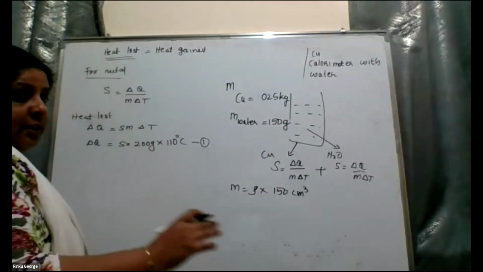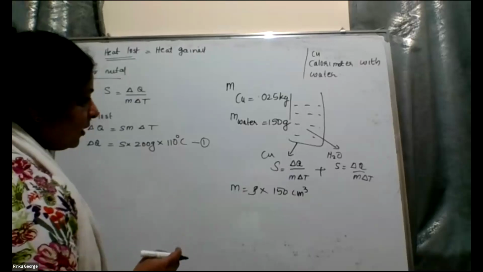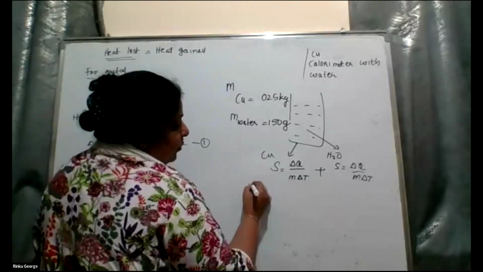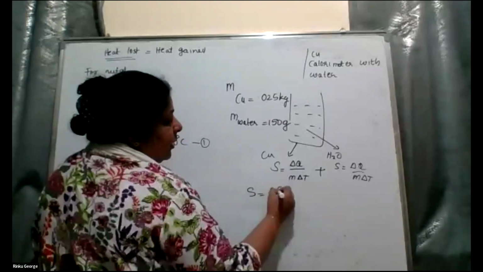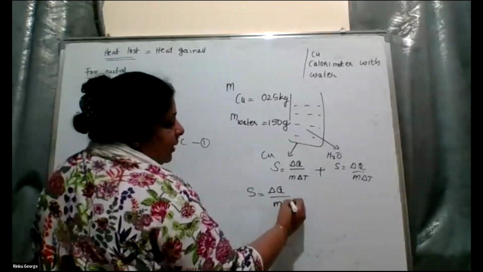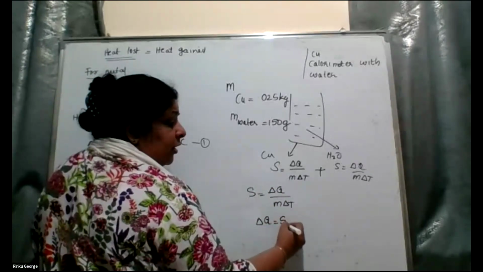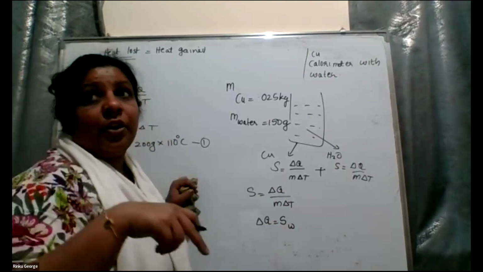So for heat gain, now for calorimeter part, right? Now I'll write it here, then I'll write properly. So for calorimeter, S is equal to delta Q by M delta T. So delta Q will be equal to specific heat of water only you will take. Understood why? Copper equivalent to water is given.